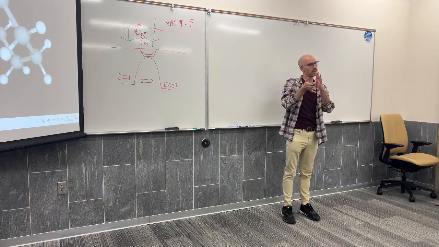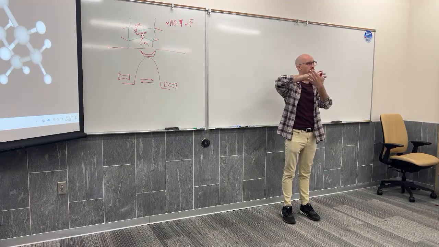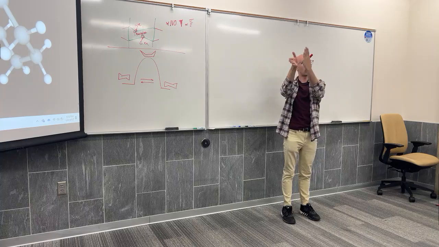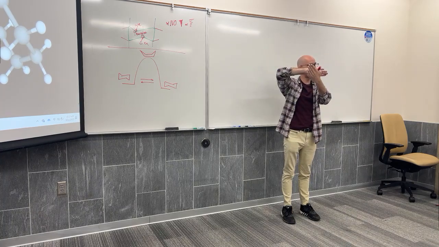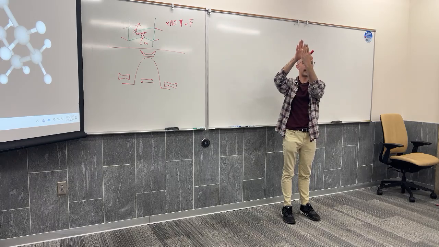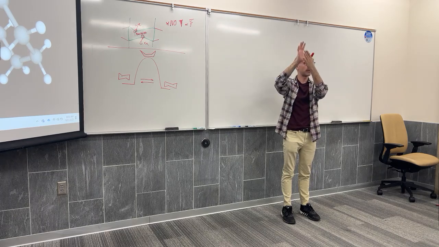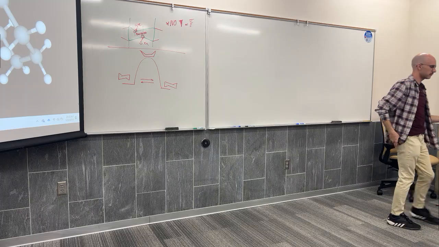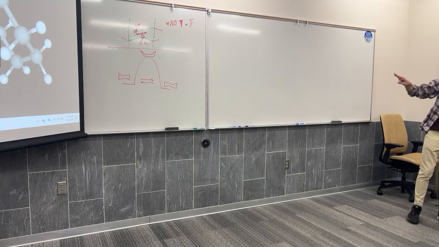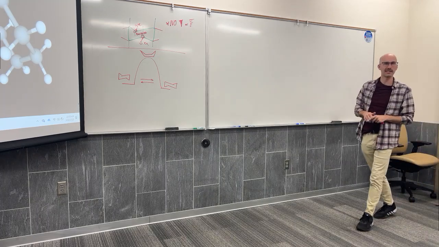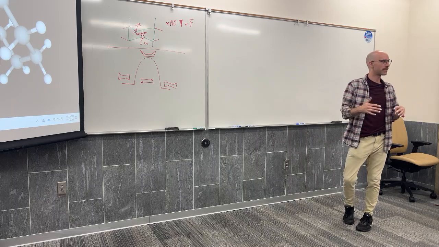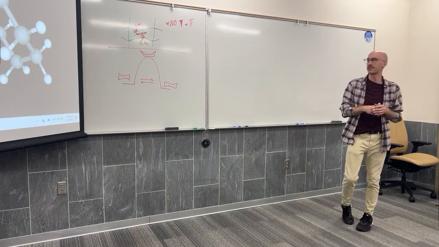This is actually not unlike what we saw with Newman projections. If I want to go from a low energy staggered to a different low energy staggered, I have to go through a high energy eclipsed conformation in order to rotate. But we would say that the two chair conformations of cyclohexane are equal in energy. They experience the same amount of strain.